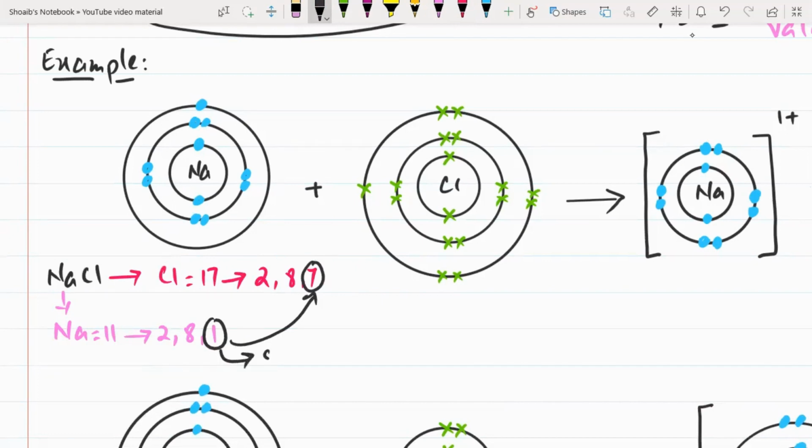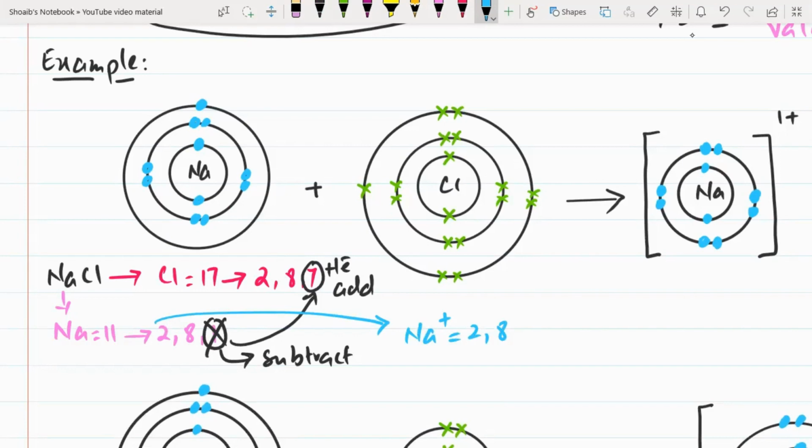Here we subtract one electron, meaning we remove one electron from sodium, and this electron becomes part of the chlorine, meaning it is added to the chlorine. After this, the sodium becomes Na+, and its electronic configuration is 2, 8.